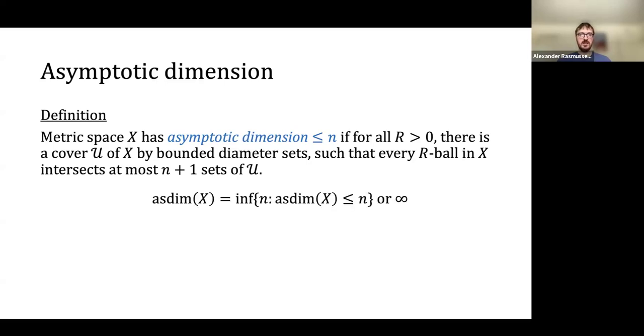And the asymptotic dimension is just the infimum of the n that work, or infinity if there's no n that works.